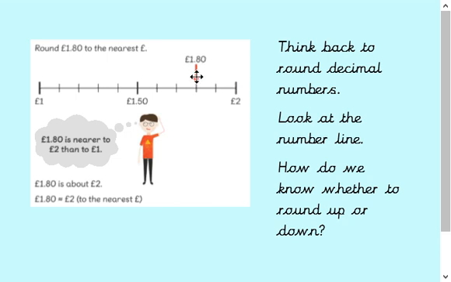How do we know? In this case, of course, we can see quite clearly without even counting that £1.80 is closer to £2 than it is to £1. So we would be rounding £1.80 up to £2 in order to take it to the nearest pound.